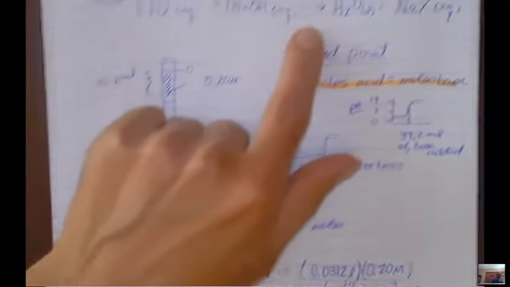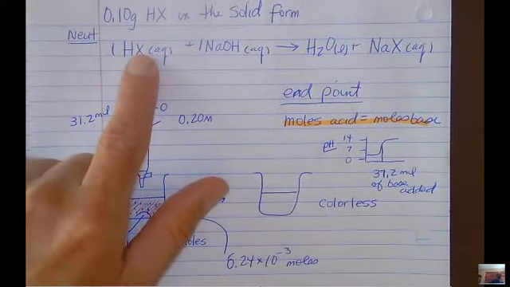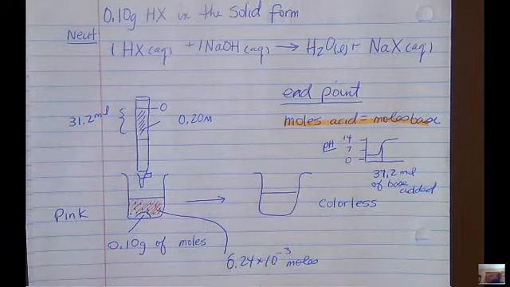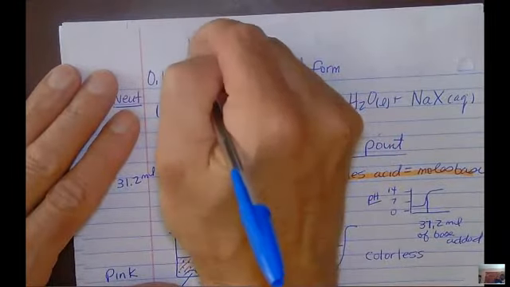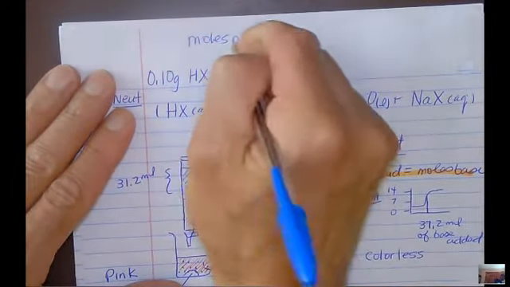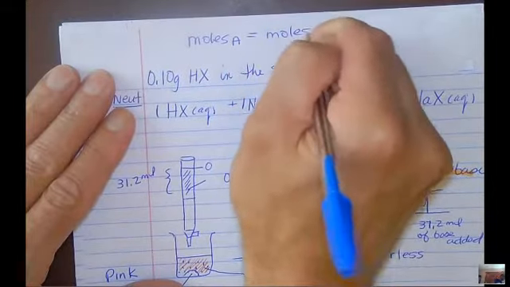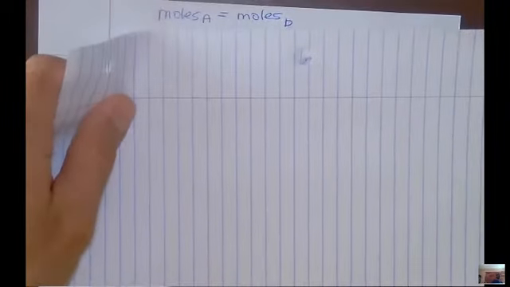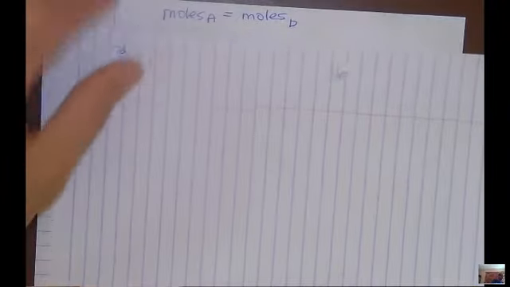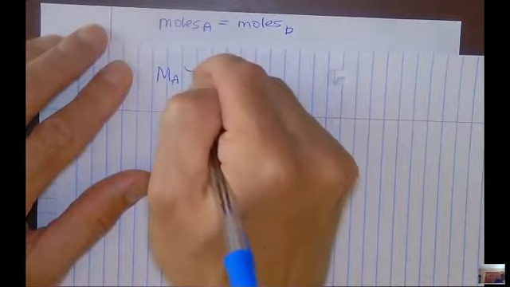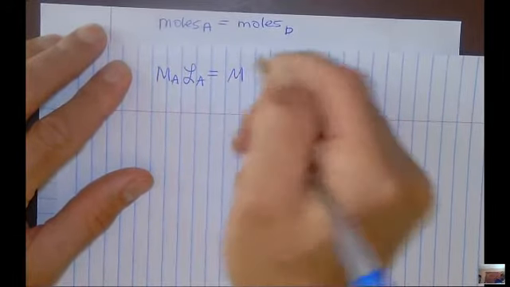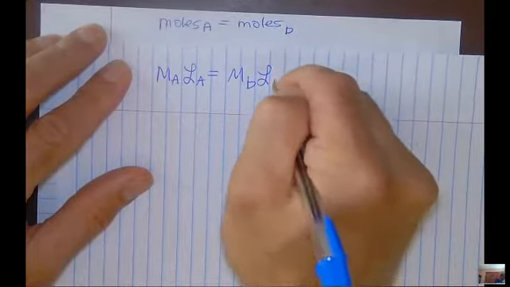Again, in cases like this, where you are asked about the concentration of the solution, you can use a simplified version because this is one-to-one stoichiometry. This is always true. Not only are the moles of acid equal to the moles of base, but moles of acid are equal to the molarity of the acid times the liters of the acid, which is equal to the molarity of the base times the liters of the base.